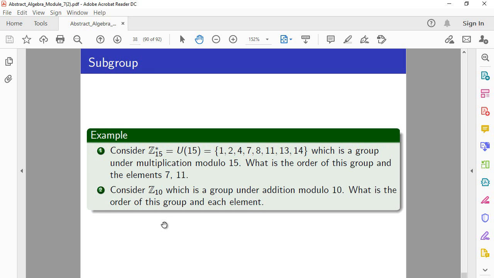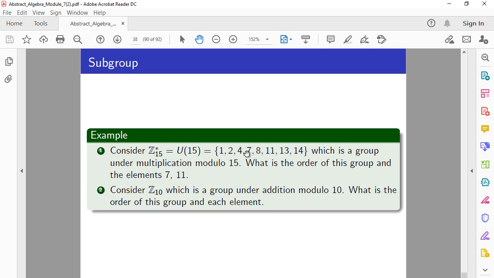Okay, so Z15 star has the following elements. These are the elements that are relatively prime to 15, so these are the only elements that have multiplicative inverses in Z15.